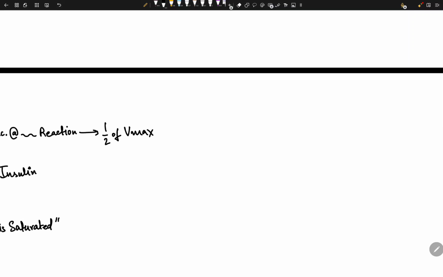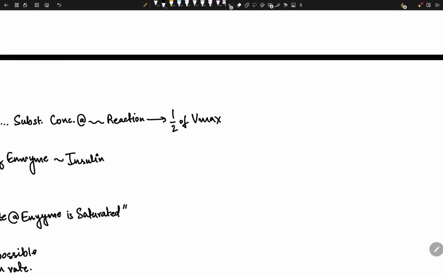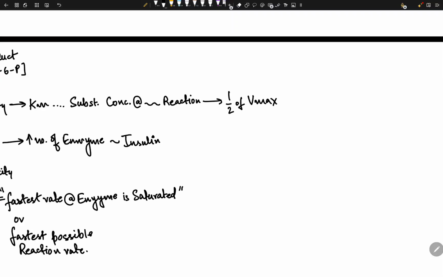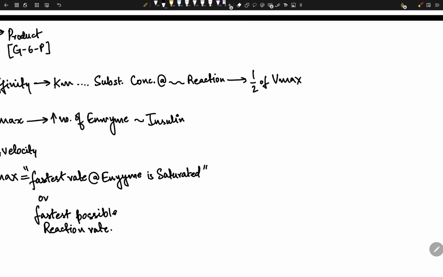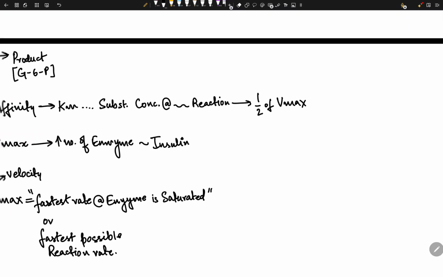This definition is very nice, I think. Now the problem is that a lot of people don't really build any intuition about it, right?